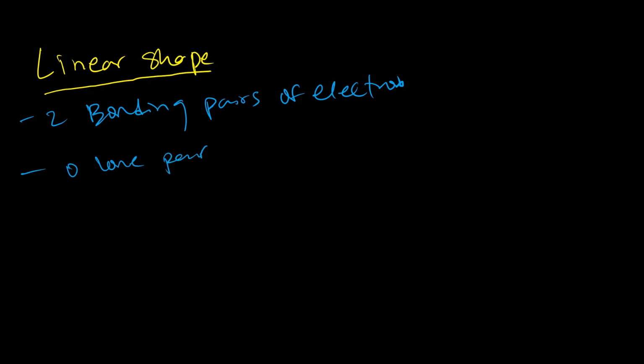Zero lone pairs. And the bond angle of this molecule is usually 180 degrees. Of course, linear shape is 180 degrees, right? Let's look at the example.